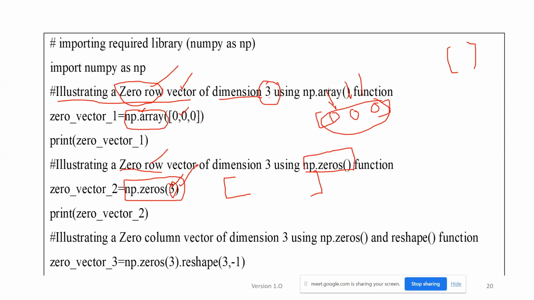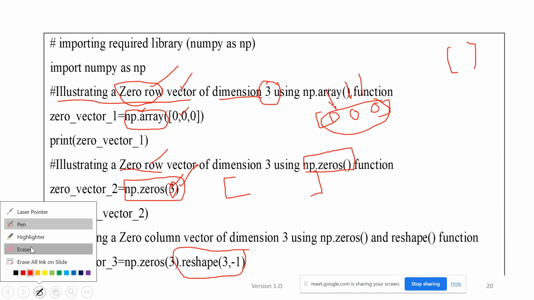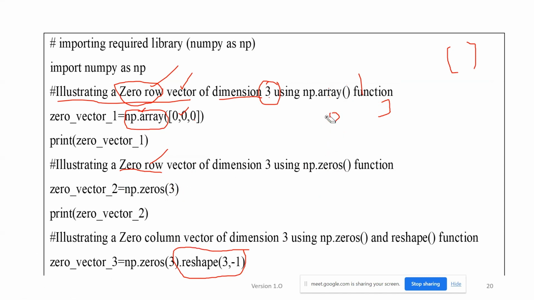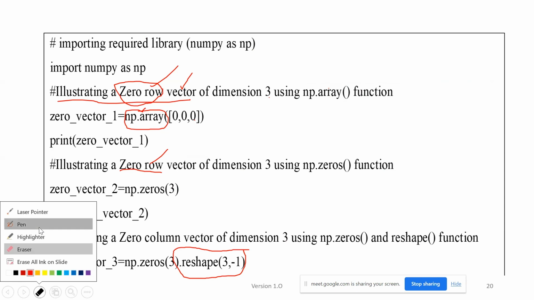Okay, now I would like to move on to the major one, reshape. This is the function. So what is the use of reshape? Why are we using reshape? You know the multiplication of vectors.